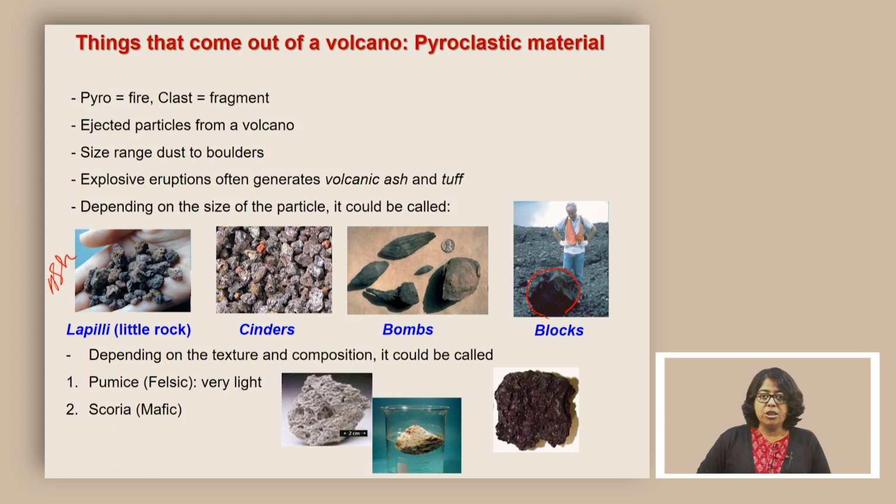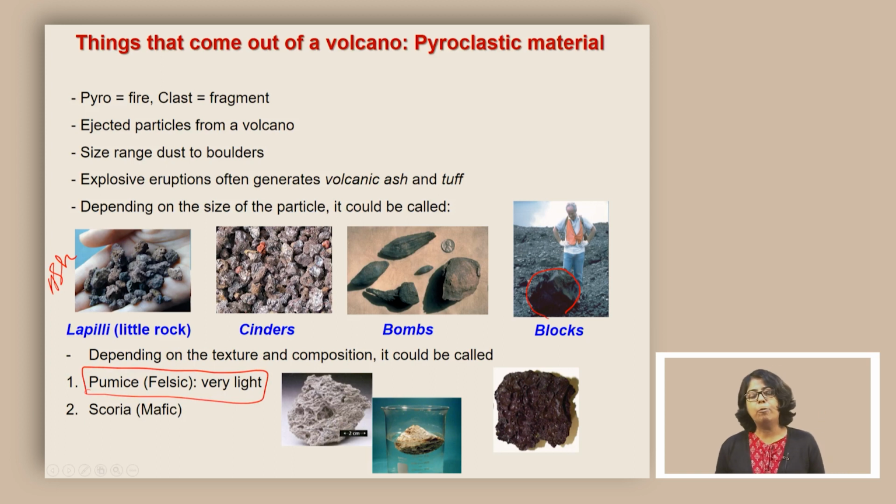Now, depending on the texture and composition, these kinds of pyroclastic material can be brought together and can form rocks which differ in their composition, and depending on whether it is a felsic or a mafic type, it can be called a pumice versus a scoria. And pumice is extremely light material.